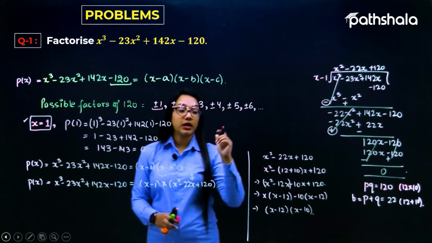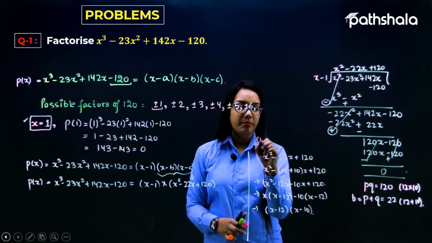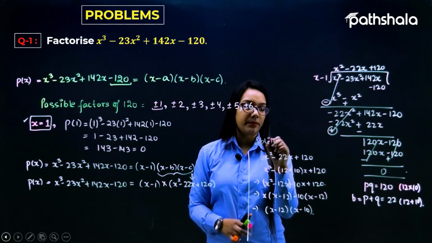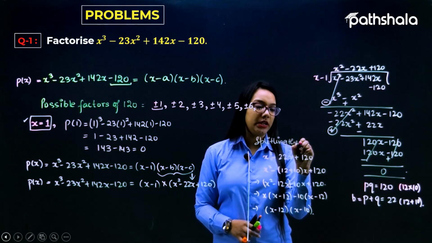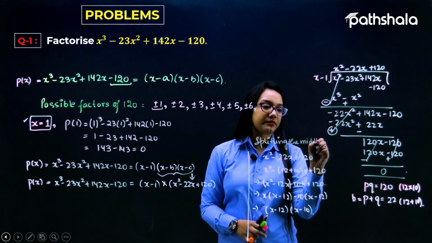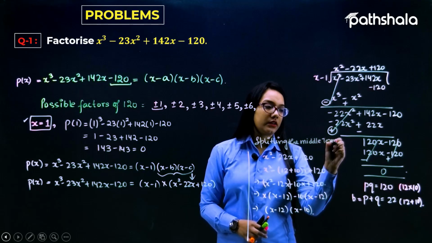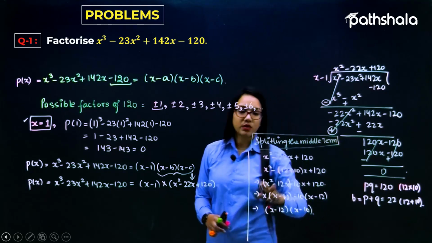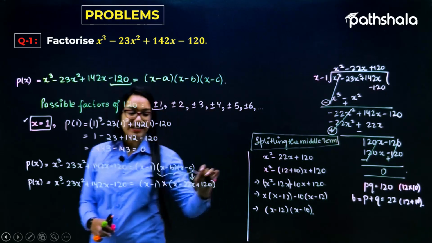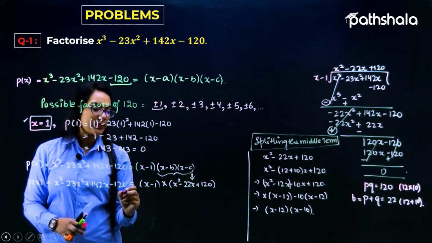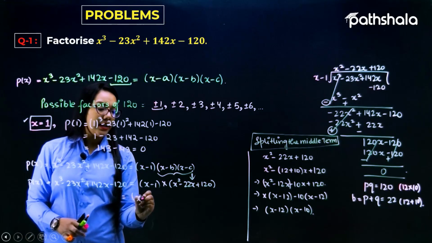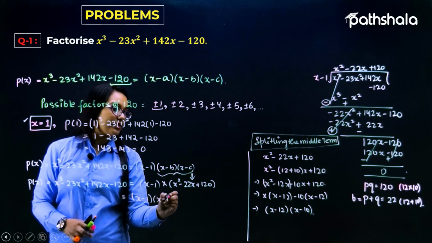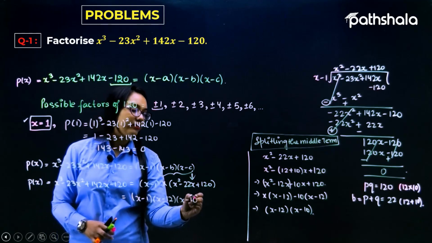By using the splitting the middle term method, we actually have found the factors of this particular quadratic polynomial. So it means that in place of x square minus 22x plus 120, we can write it as x minus 12 into x minus 10.